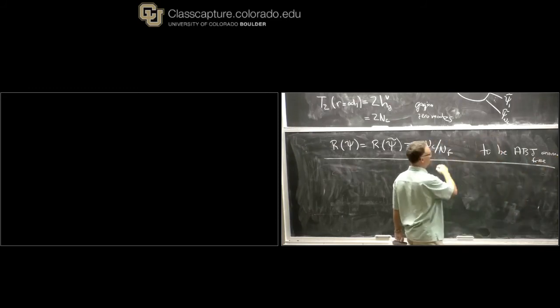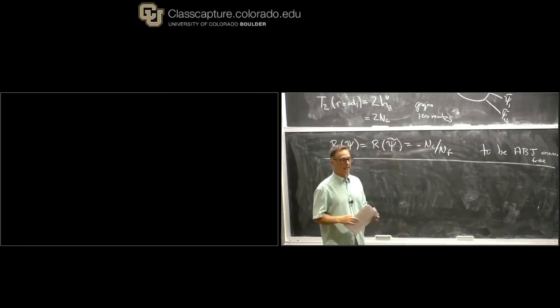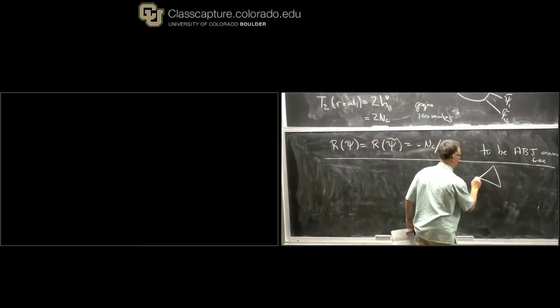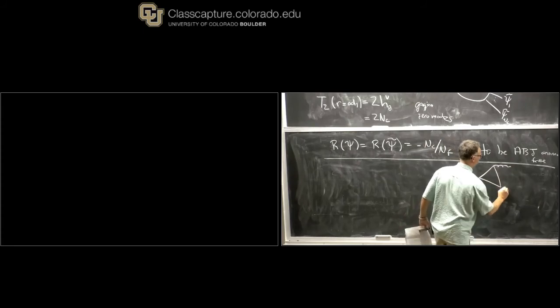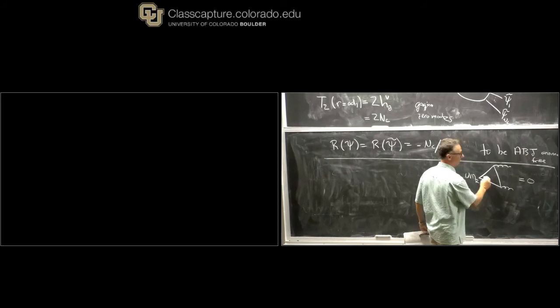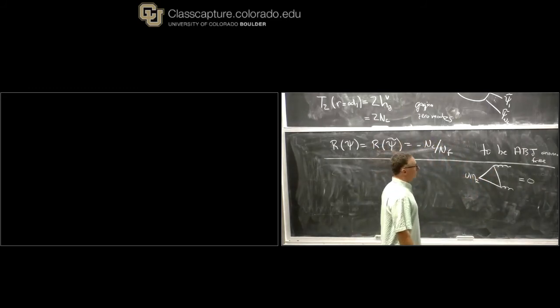We could get the same statement just by looking at the triangle diagram. So we're trying to cancel the triangle diagram where we have the U1R symmetry here and the gauge fields here. And so this is 0 when we add up all of the contributions of the gauginos and the matter fields. So this is a conserved R symmetry.